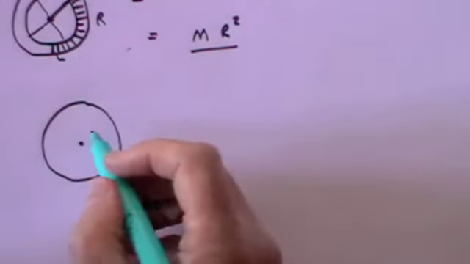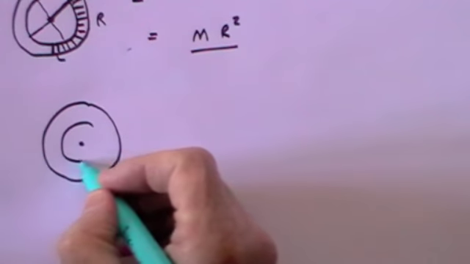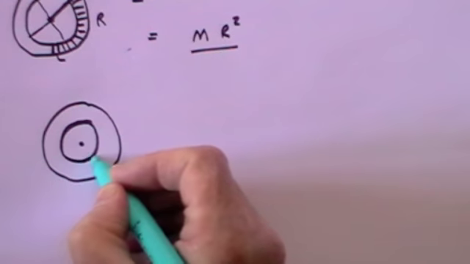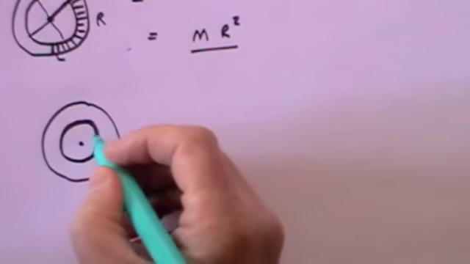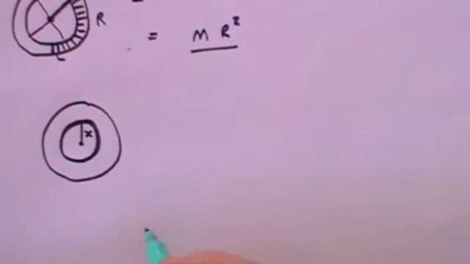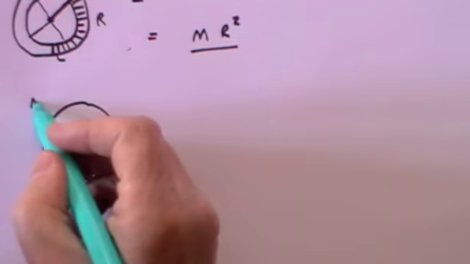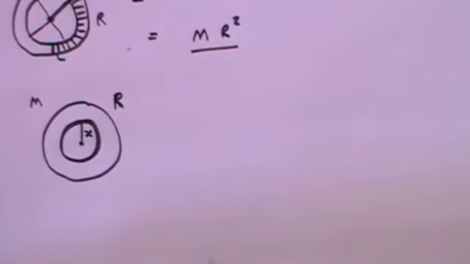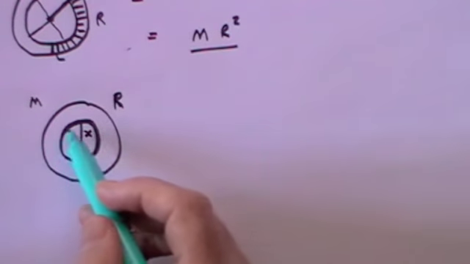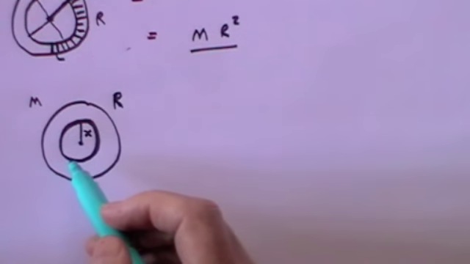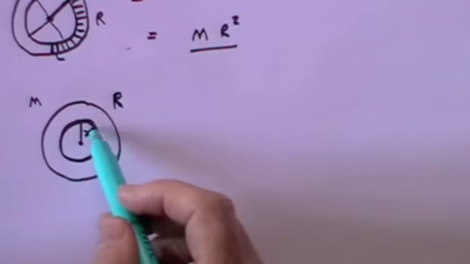To find out, we construct a very thin ring which is a distance x from the centre. Incidentally, the ring has mass m, and the total radius of the ring is r. If we take this very thin ring, it's going to have a circumference of 2 pi times the radius, which is x.